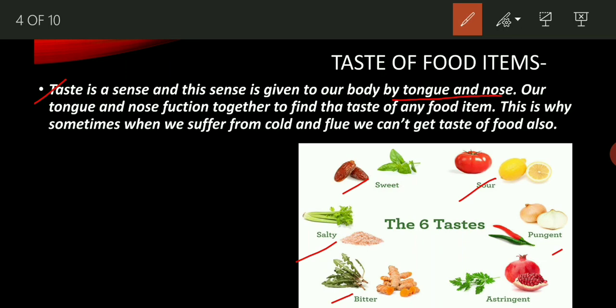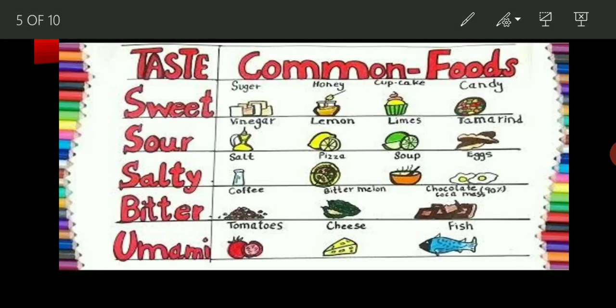As you know, these basic tastes are present in most of the food items which we take in our daily life. Here, some common food item names are given and their taste is also written. So let's check it out. What kind of food items are there and what are the tastes of these kinds of food.